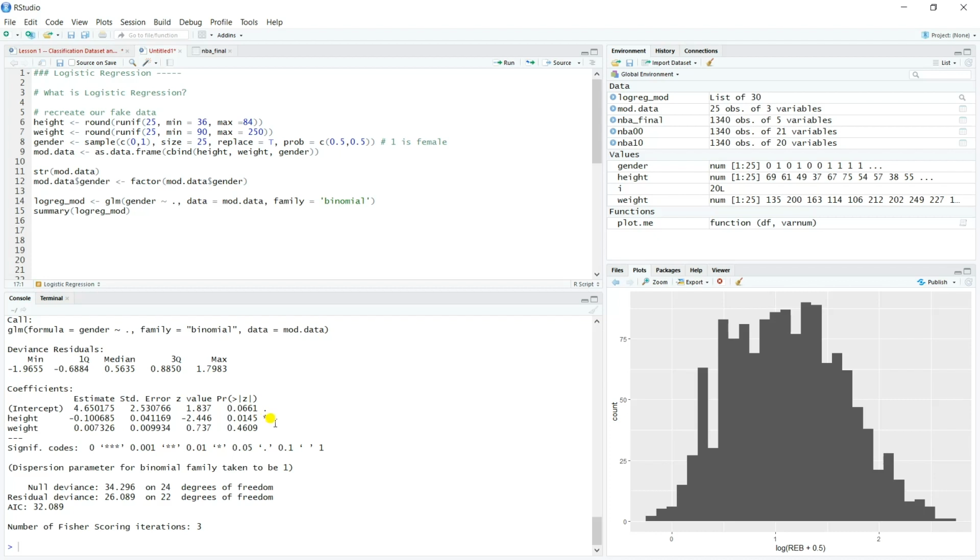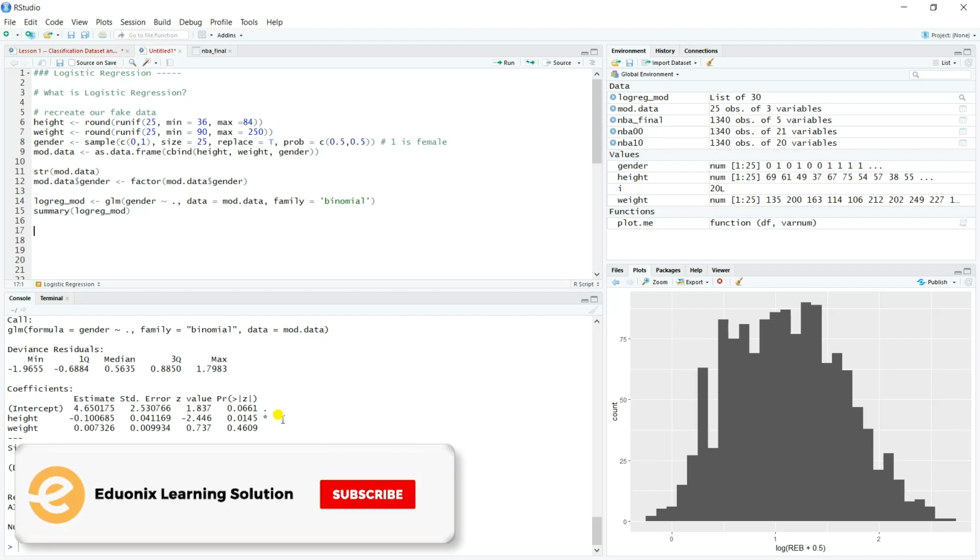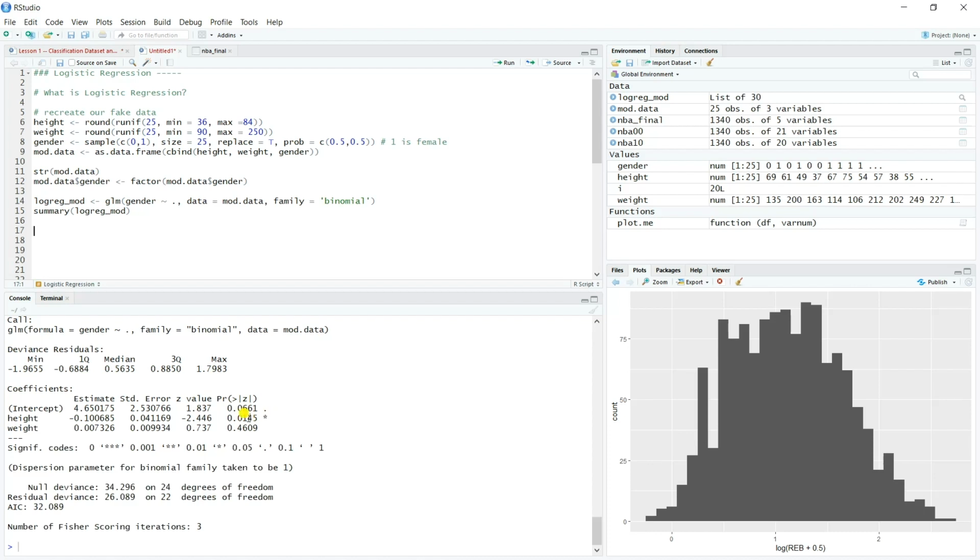Honestly, the fact that height comes with a 1-star rating, meaning it's significant under the 0.05 level, is pretty surprising. If we ran our random data again, we probably would not get that. It's a bit of a random fluke. We wouldn't really expect much of a relationship with that random data, and that's why the estimates for those two are 0.